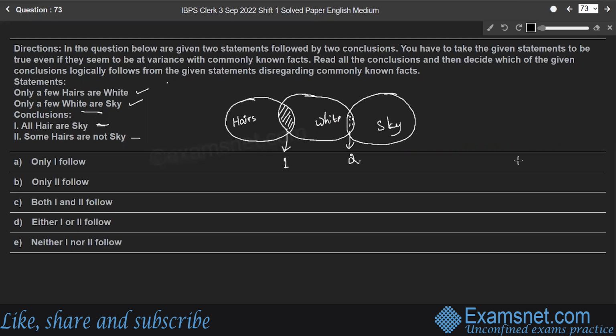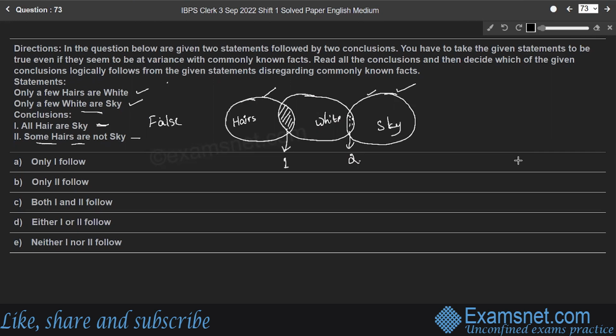Come to the conclusion part. All hair are sky, which is a false conclusion, because the relation between hairs and sky is not given. It is not definite. It is not clear, right? Therefore, the first conclusion is false.